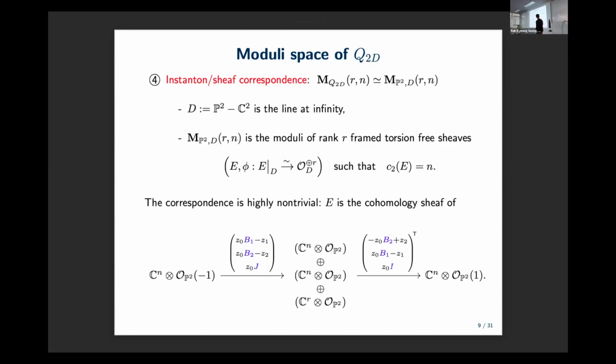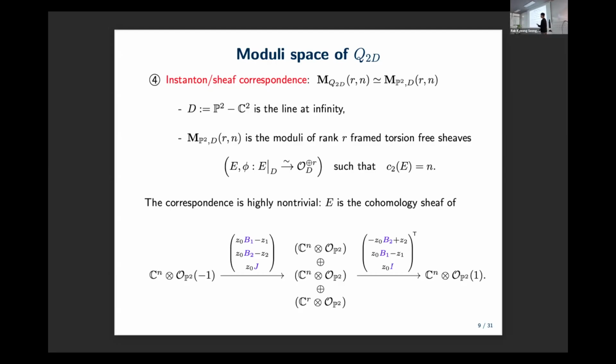Over P2, we can consider the following standard vector bundles. And then we consider linear maps given by this solution of the ADHM equation. The fact that they satisfy the ADHM equation shows that this is actually a complex, meaning that if you compose these maps, it becomes 0.